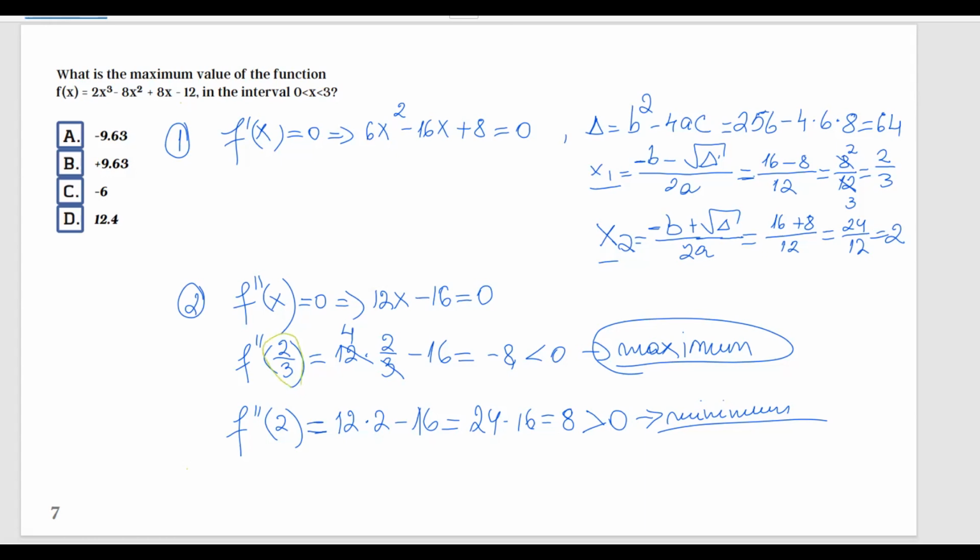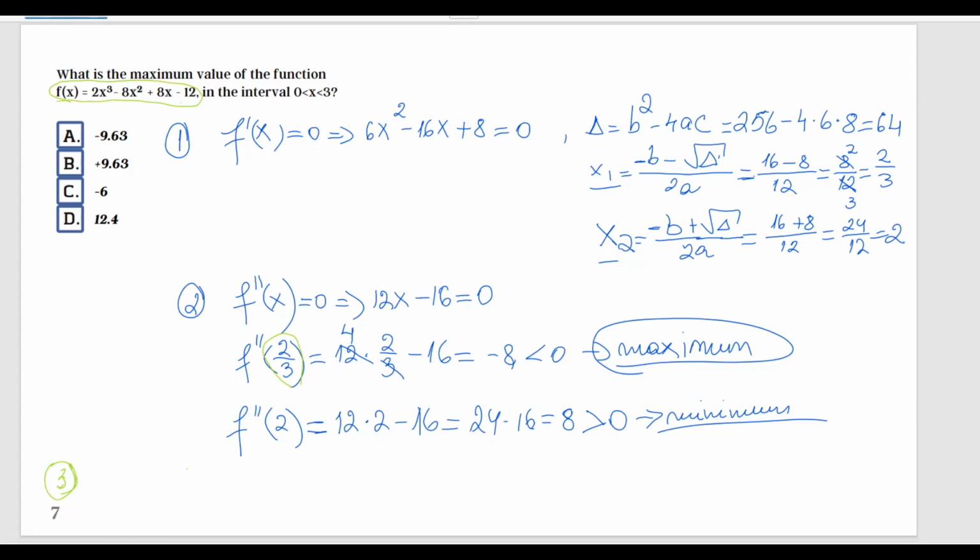So what we're going to do next, we're going to take this value and input it into the original function. So I guess this is step number 3, to find the maximum value of the function. So let's do that.